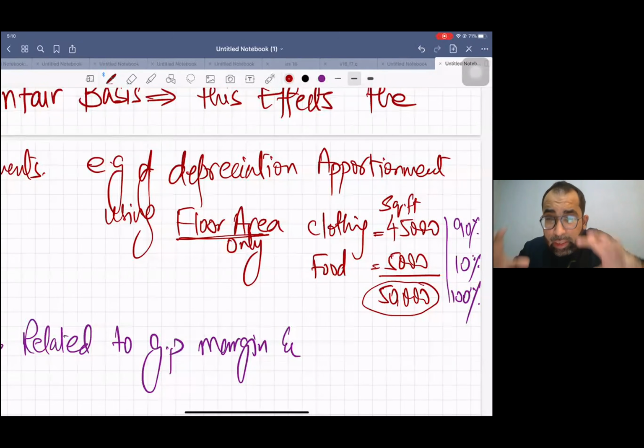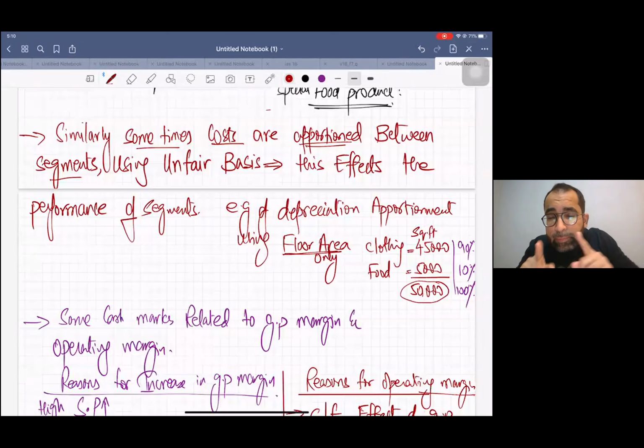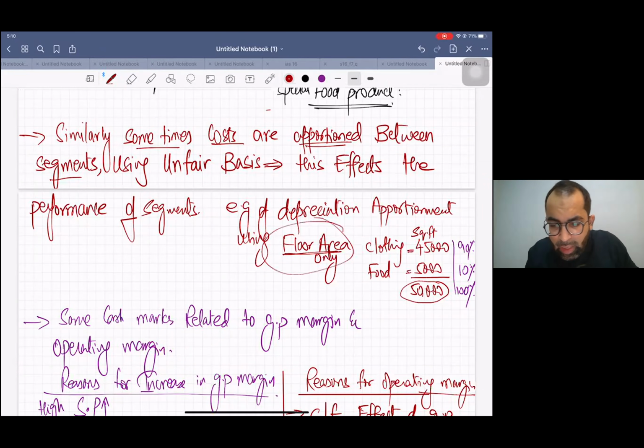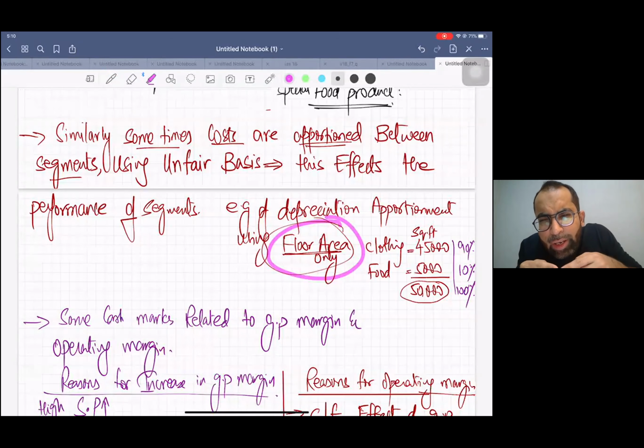Now in that question, it was written that the accountant apportioned all depreciation using the base of floor area. So now you just think, 90% of the cost must have gone to clothing and 10% he apportioned to food, because food has less area.